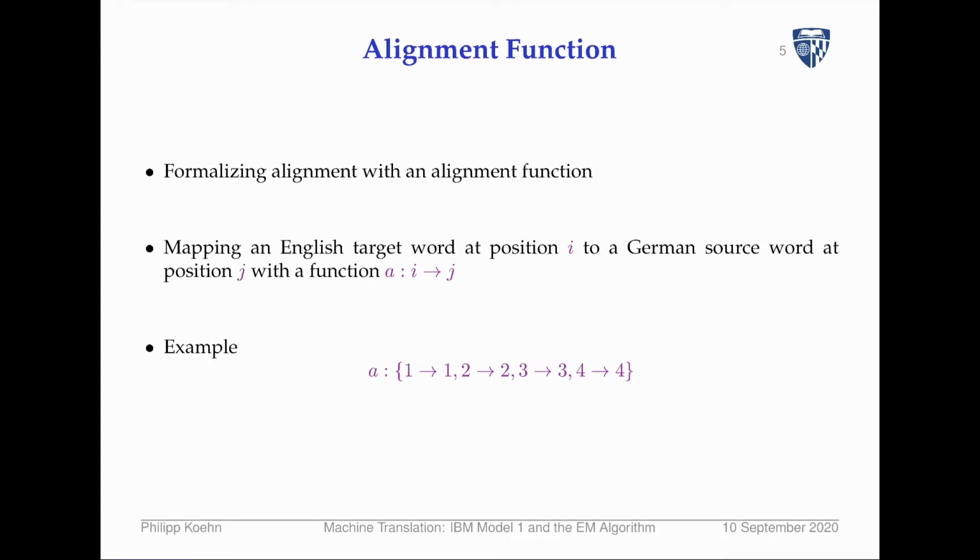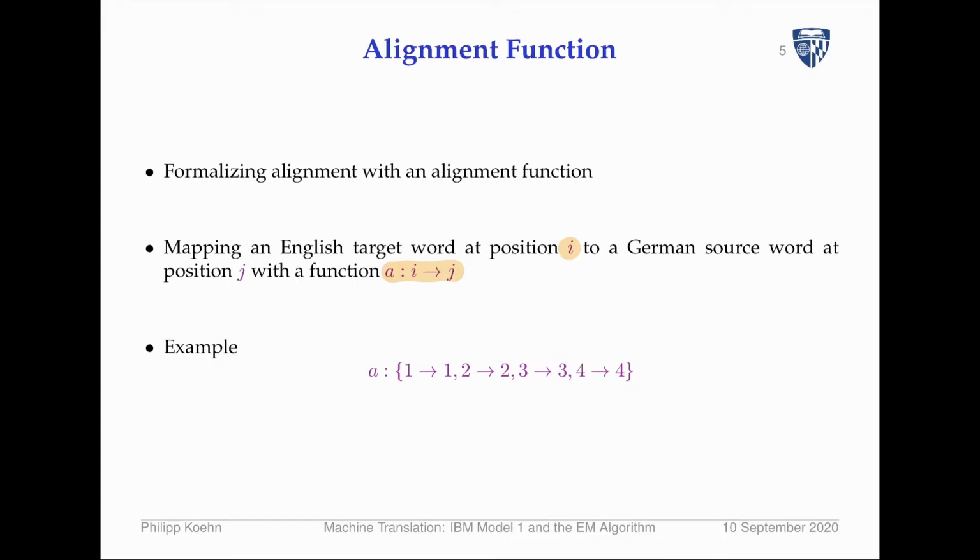So that defines an alignment function. We're going to have a function a that maps English word positions to a German source word. It's a bit reverse of what you might think. We're translating from German to English, but the way we do the mapping is we map each English word to a German word.